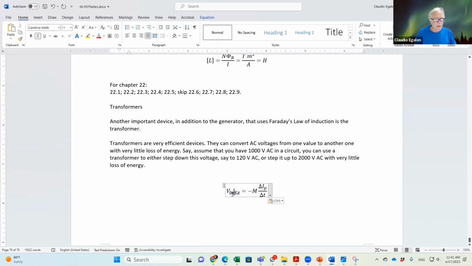The induced electromotive force in the primary is going to be given by the number of turns in the primary times the magnetic flux.